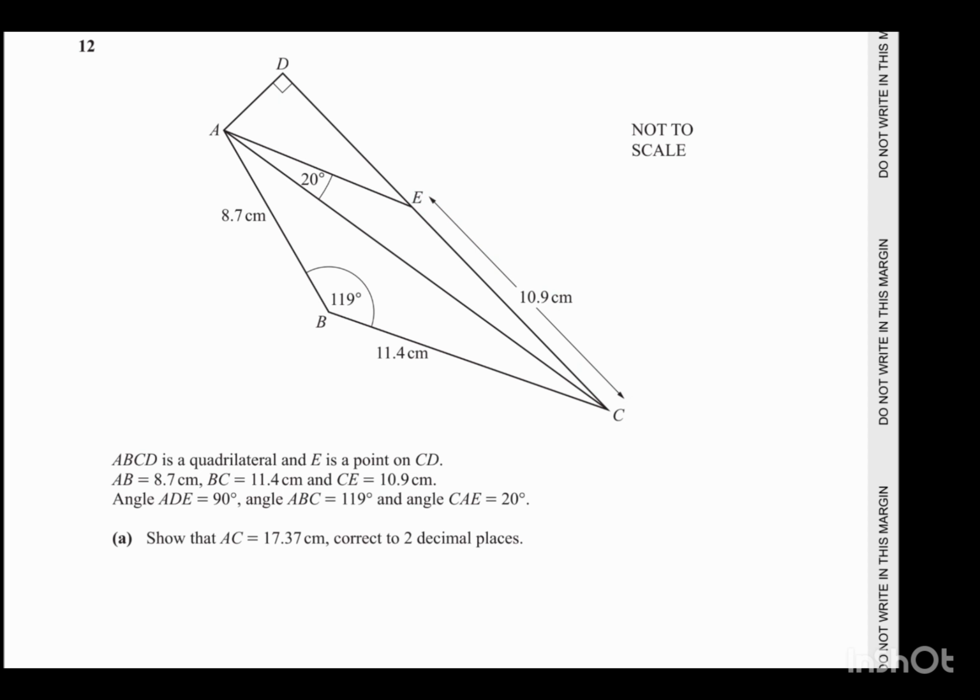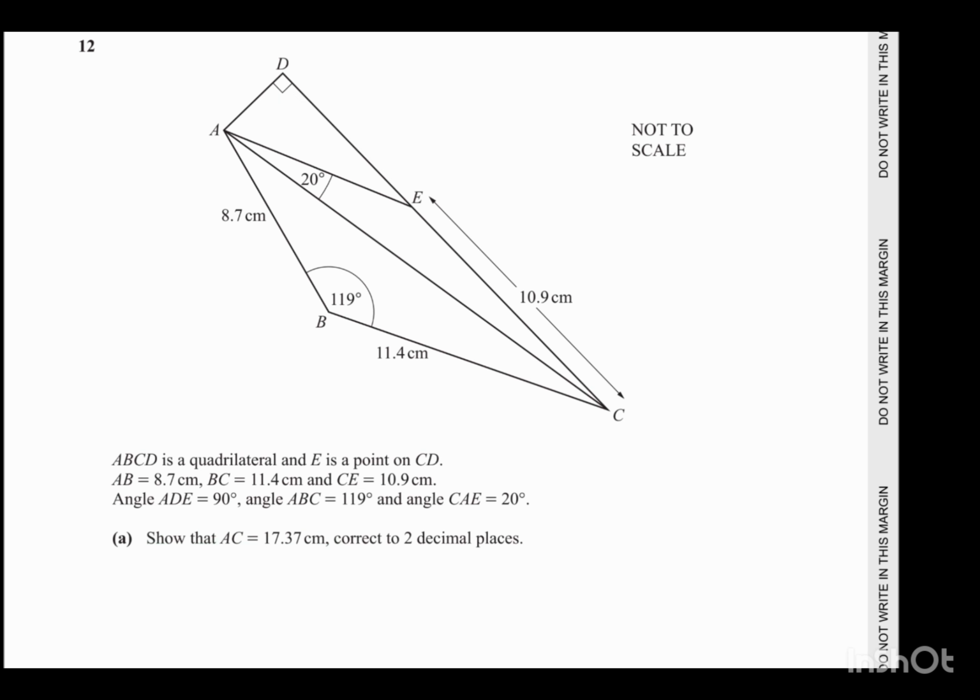Then angles are given. Angle ADE is equal to 90 degrees, so this is 90 degrees. Angle ABC is 119 degrees, this is ABC. And angle CAE, this angle is 20 degrees. Show that AC is equal to 17.37 corrected to 2 decimal places.